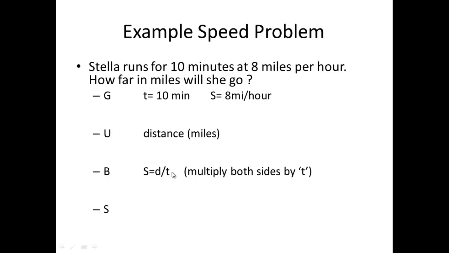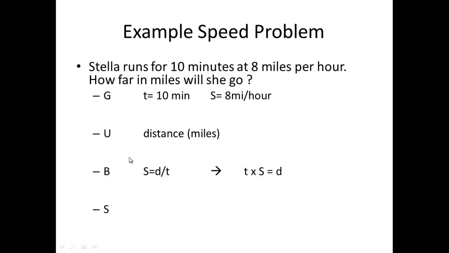So if we multiply both sides by t, we get time times speed equals distance. So we've isolated our unknown variable, and we've put our two known variables on the same side of the equation. So now this is the basic equation we will use.